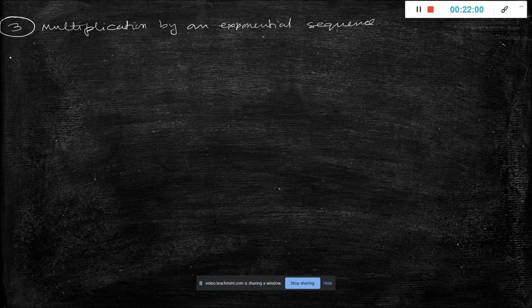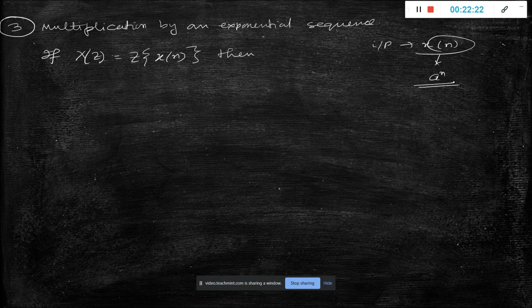सो इन दिस केस द स्टेटमेंट इज इफ x of z is the z transform of x of n, then that means मेरा इनपुट क्या है, x of n है. नाउ आई हैव टू मल्टीप्लाई दिस इनपुट विथ एन exponential sequence like a to the power n, let it be.